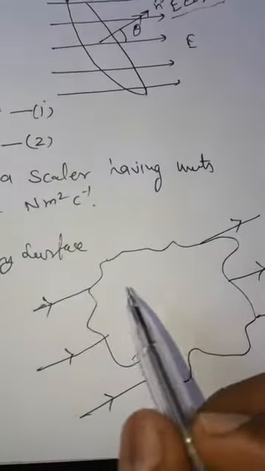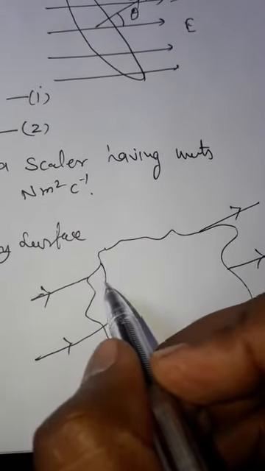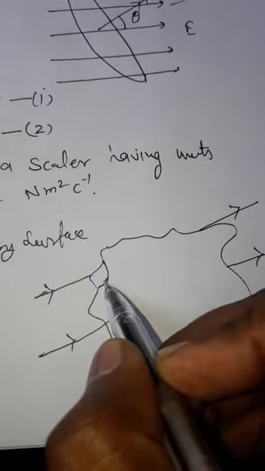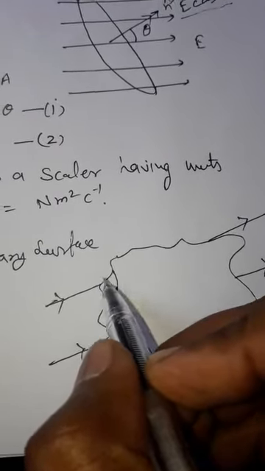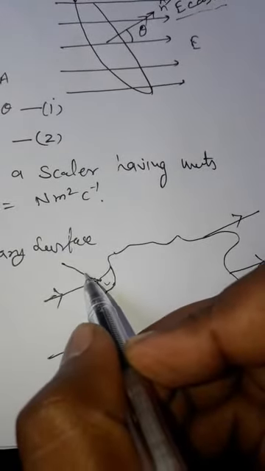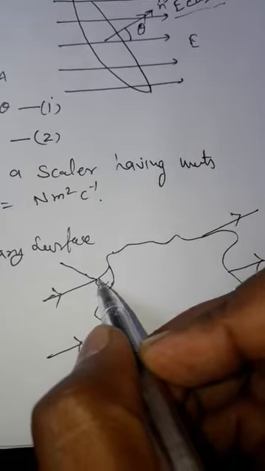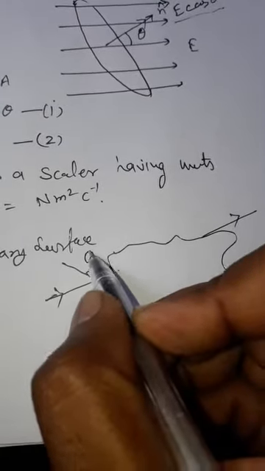We consider this surface as consisting of a large number of small segments like this. This small surface has a normal in the outward direction, and hence the angle between the electric field and the normal to the surface is theta.